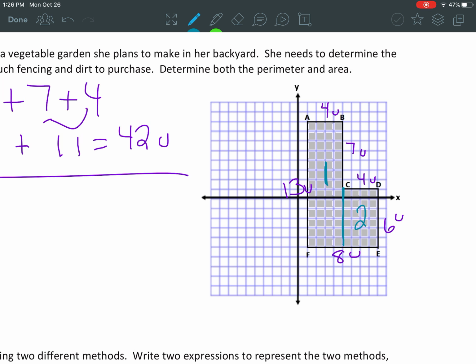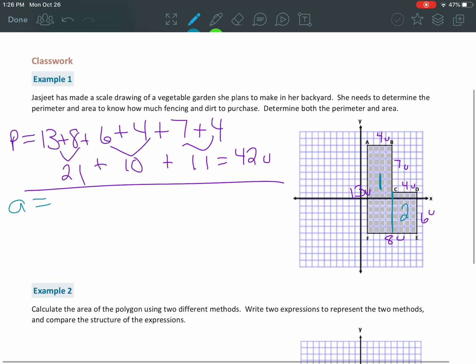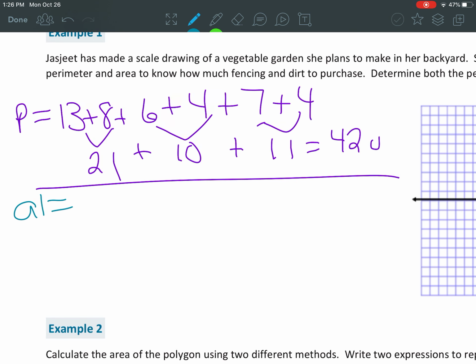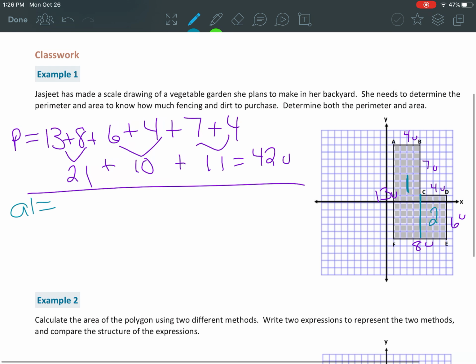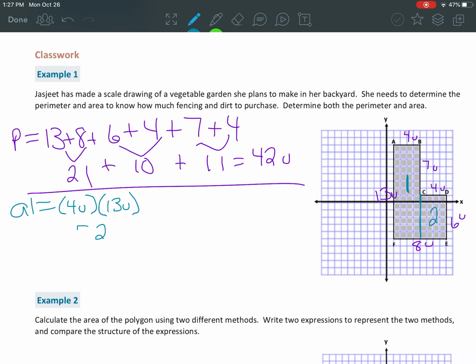So AB would be our base. So the area of 1 would be 4 units times the height, which would be 13 units. So 4 times 3 is 12, so we would have a 2, and 4 times 1 is 4 plus 1 is 5, so 52.